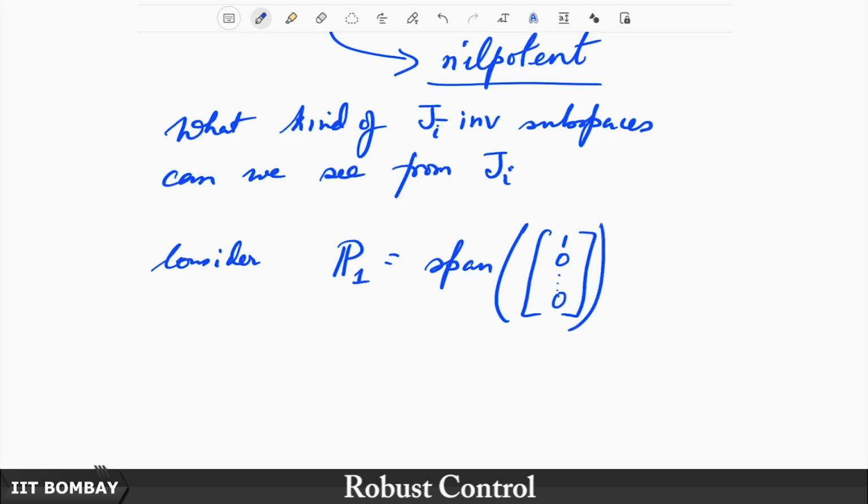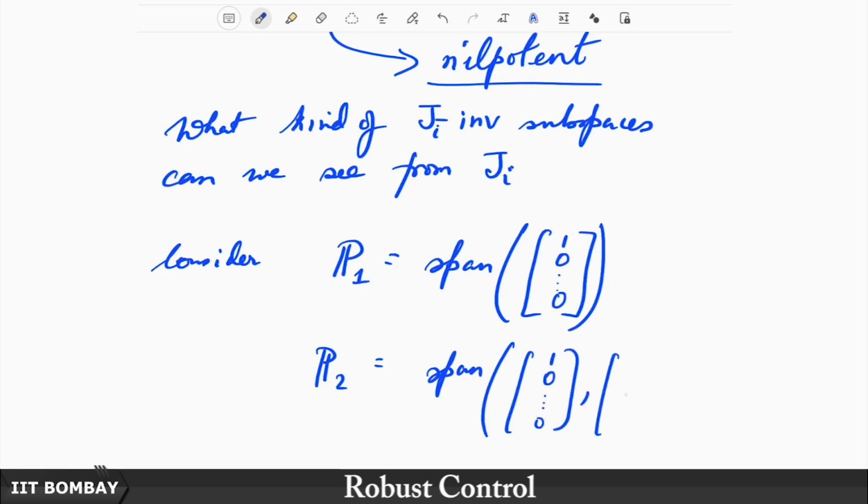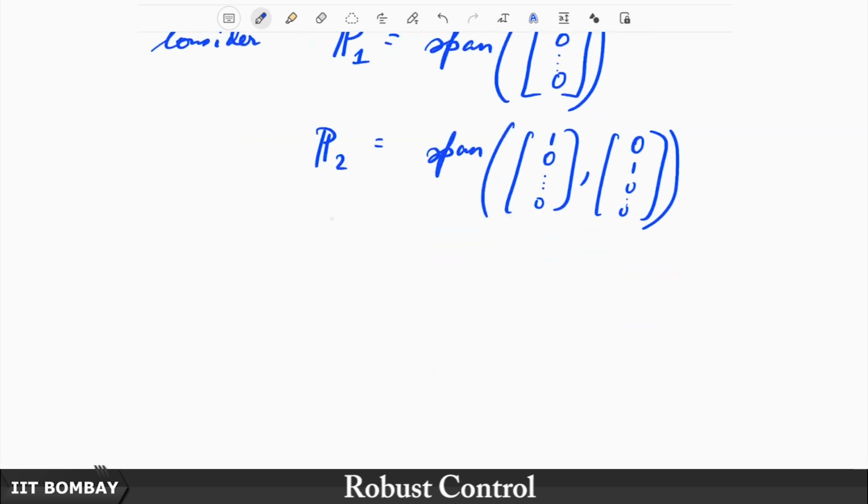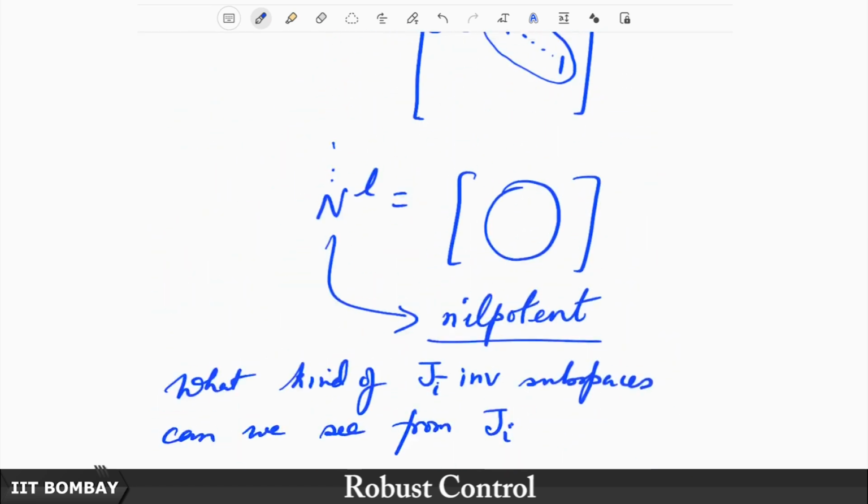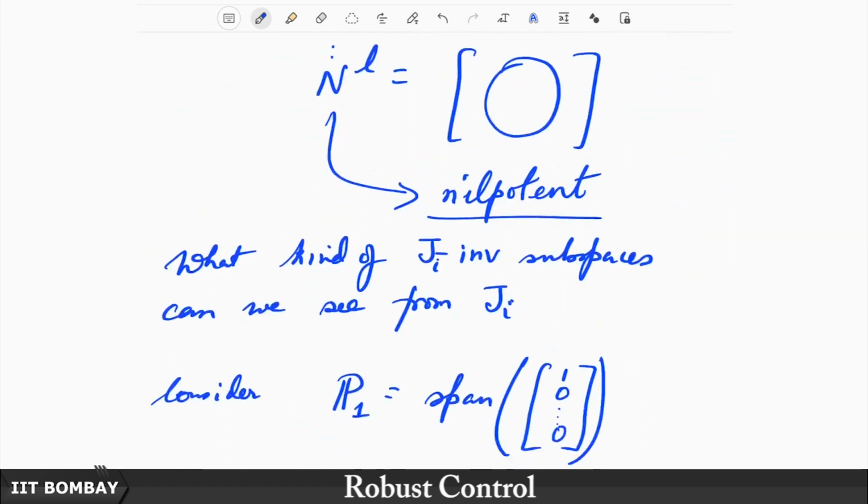All right. Consider P2 to be span of (1 0 0 0 0) comma (0 1 0 0 0), likewise, so on till the end. What is the size of this? This is of size L.